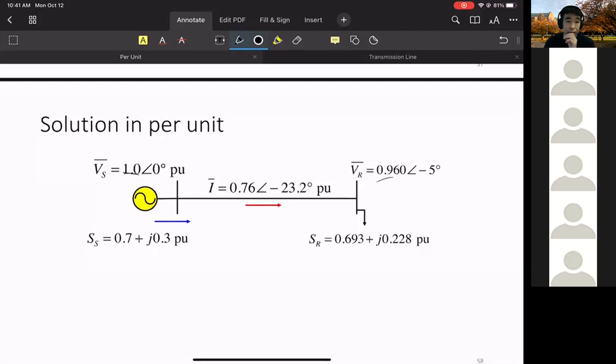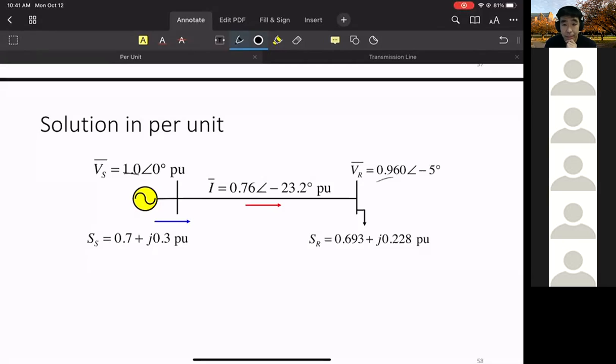In the per unit system for a transformer, the reason we can refer the impedance regardless of whether it's on the primary or the secondary is because the rated voltage of the transformer on either side is equal to the base voltage in the per unit.